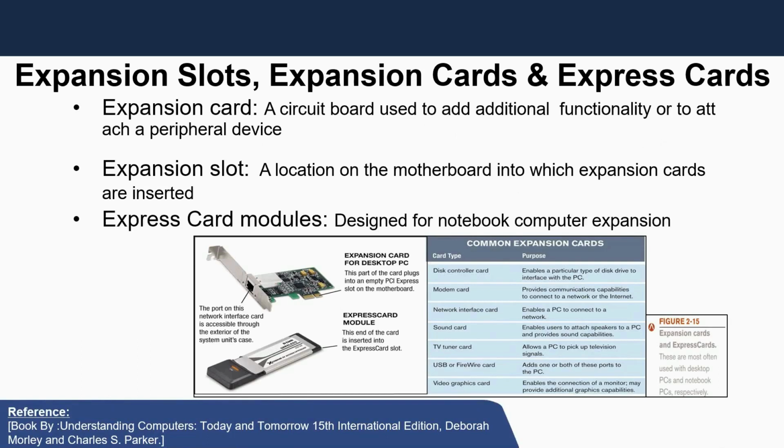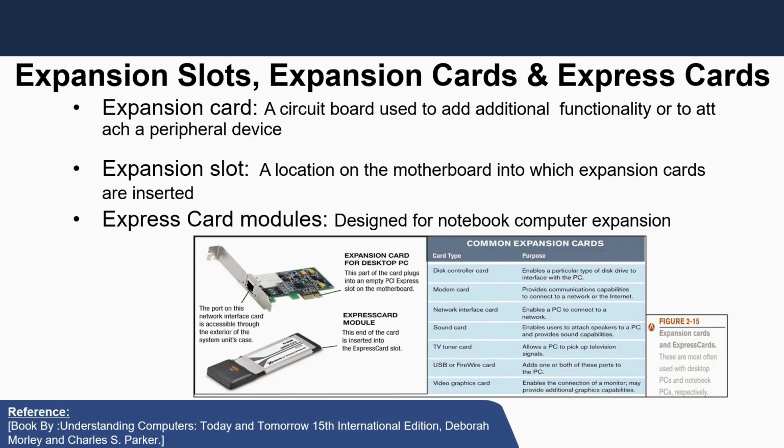Apart from that, our motherboard has different types of expansion slots. These are provided so everyone can extend the capabilities of his or her computer according to their needs. If a designer needs some type of specialized graphics support, they can install a graphics card.